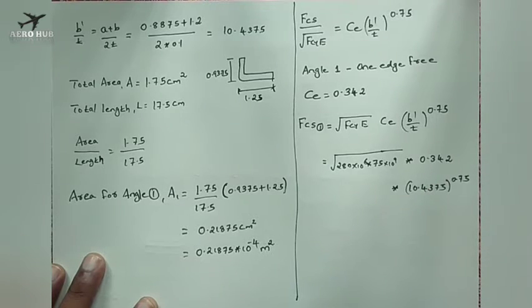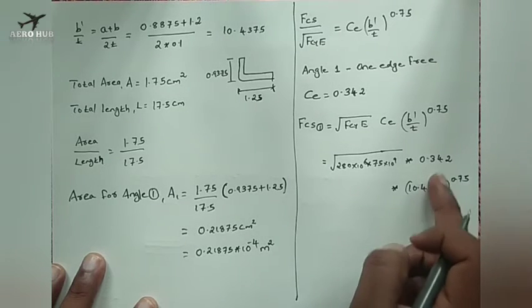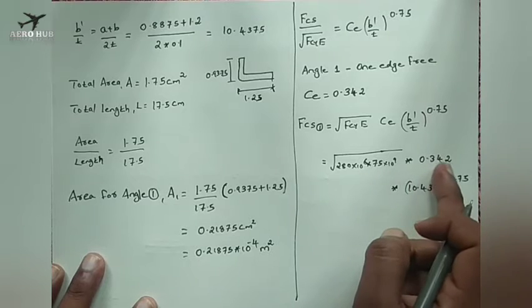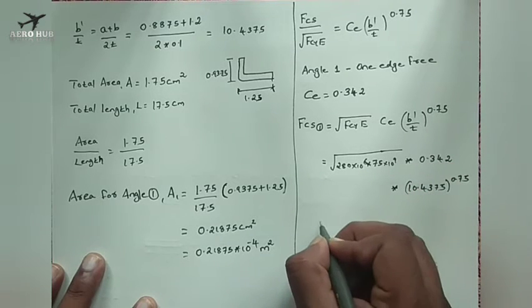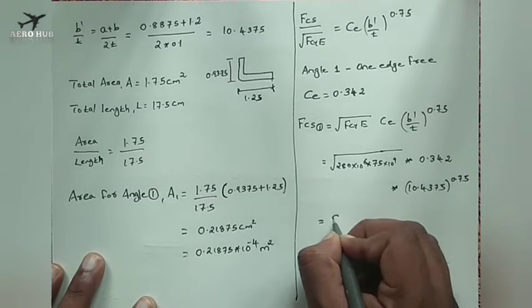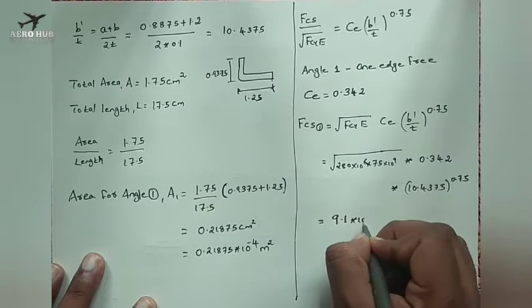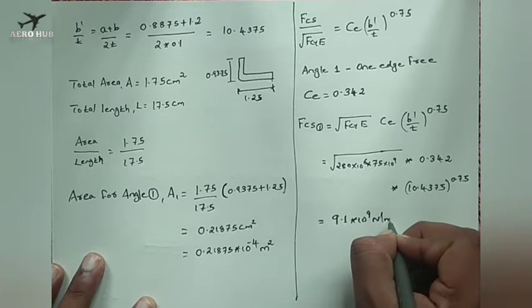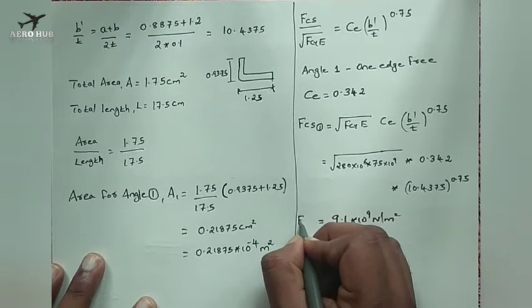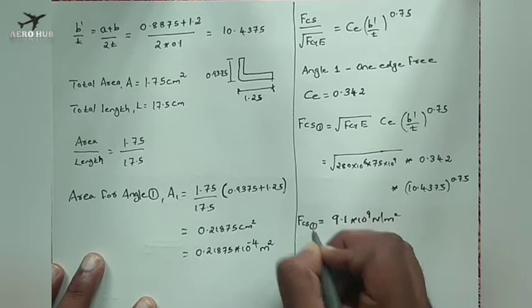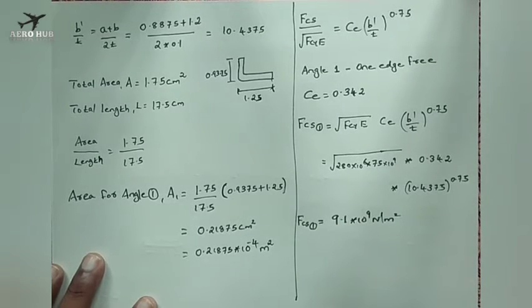Finally I'll be getting the value as 9.1 into 10 power 9 Newton per meter square. That is the value of FCS for angle section number 1. The ultimate aim is to find out the crippling stress for the entire section.